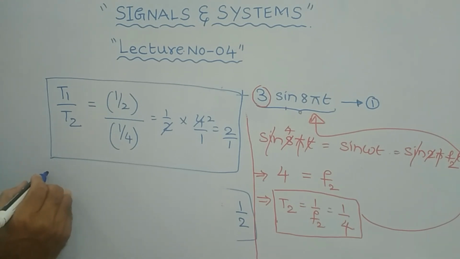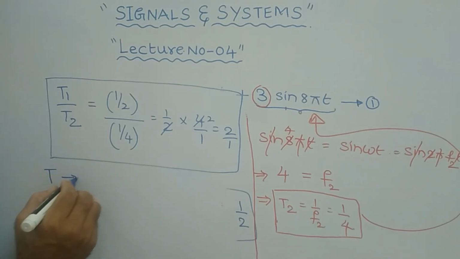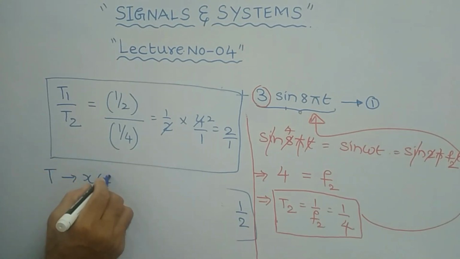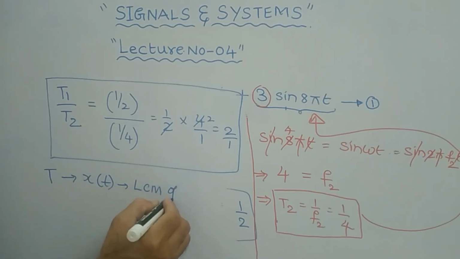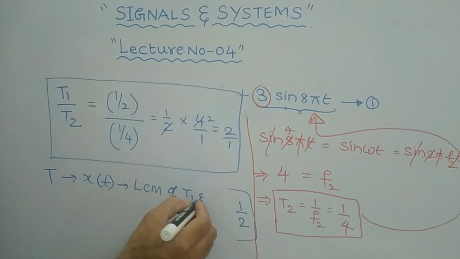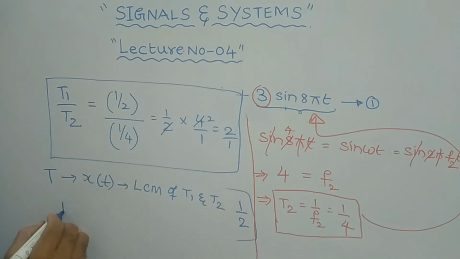The time period T of x of t can be obtained by simply taking the LCM of T1 and T2. What is the LCM of T1 and T2?